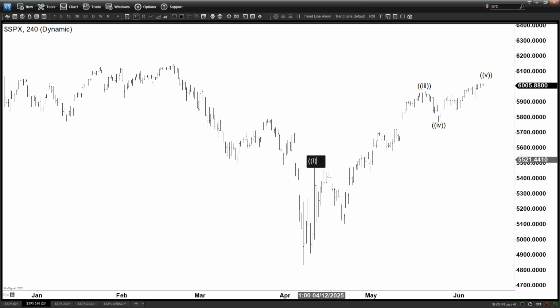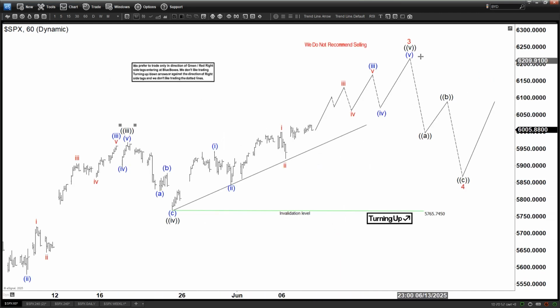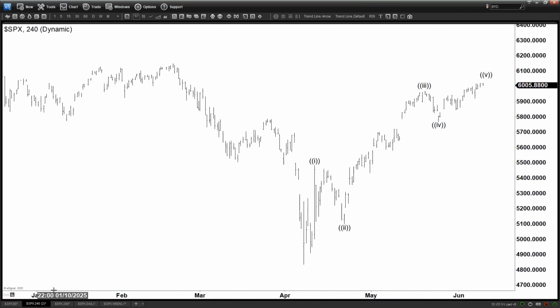This is 1 and this is 2, right? And now you see this ending with 3. And this is the low after the tariff war announcement, April 7. So that means this is your 1 and 2 here. So it's possibly nesting right now, 1, 2.